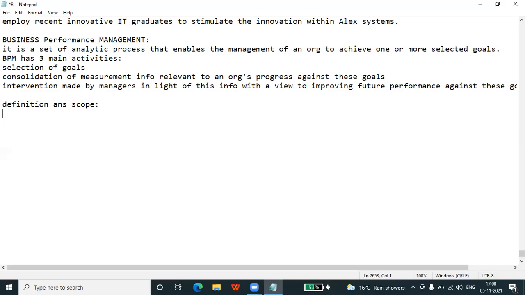Core business performance management processes include financial planning, operational planning, business modeling, consolidation and reporting, and analysis and monitoring of key performance indicators linked to strategy.